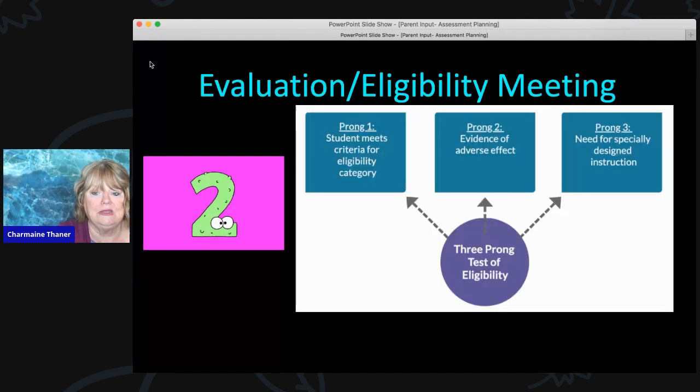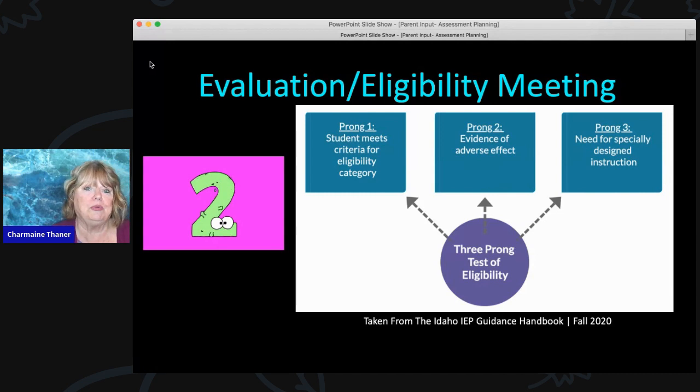So, during that eligibility meeting, like I said, there's usually 3 prongs, 3 questions that the whole team is going to be looking at. This is a diagram taken from the Idaho IEP guidance manual.